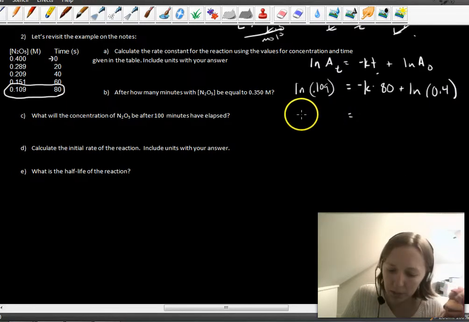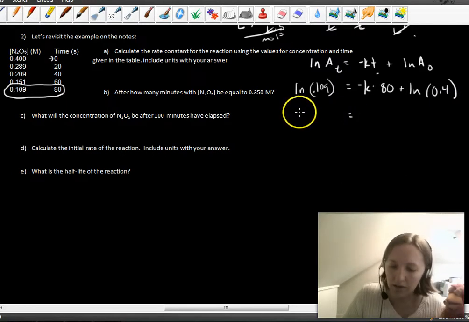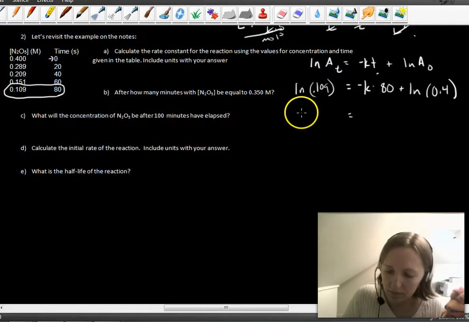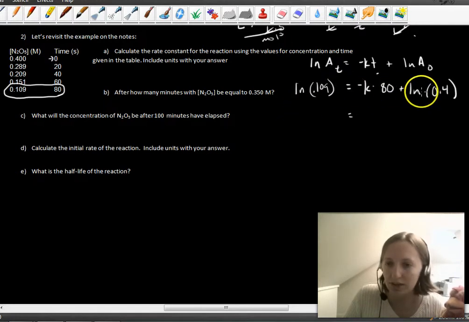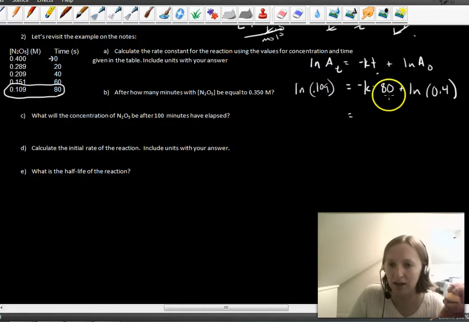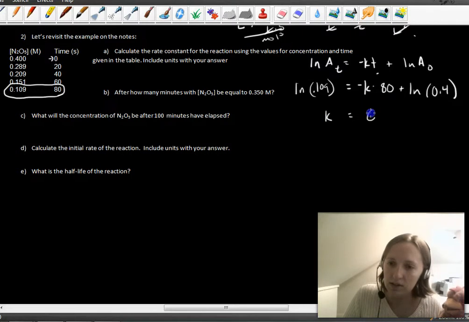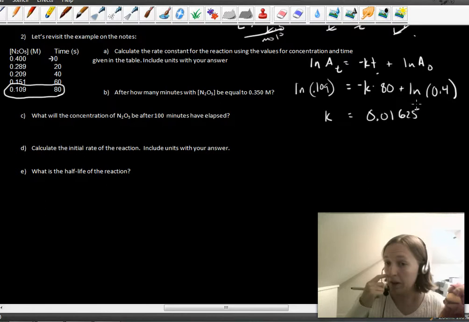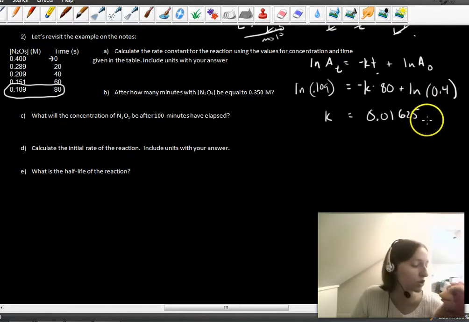And so what we end up with is subtracting ln of 0.4 off of ln of 0.109 and then dividing by -80, and we end up with K being equal to 0.01625. And then we have to remember what the units are, and since you know that chart of units by now, don't you, chicken of kinetics?